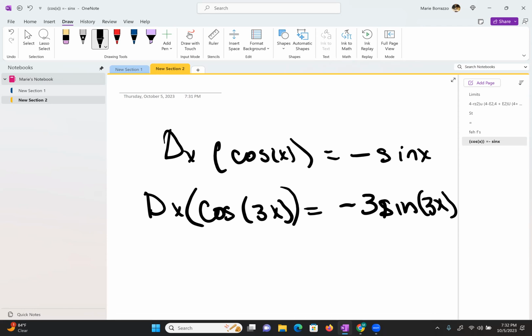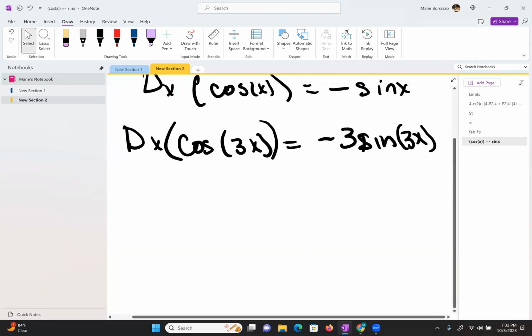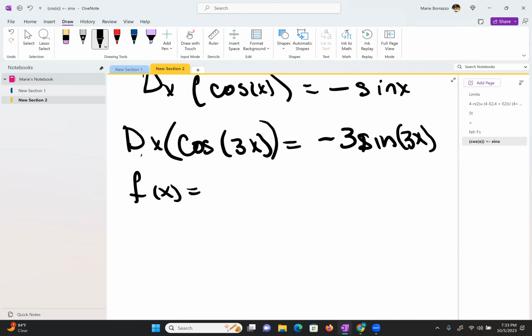Even further, let me give you this example. What if I say I have some function f of x, and that f of x function is cosine to the 4th x, and I want to know its derivative. In that case, I need to employ the power rule, or the chain rule.